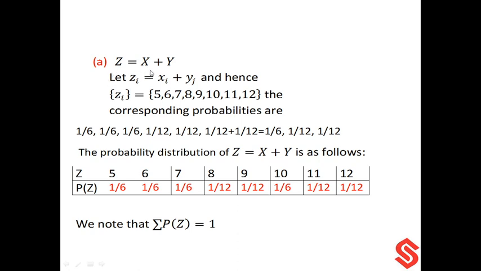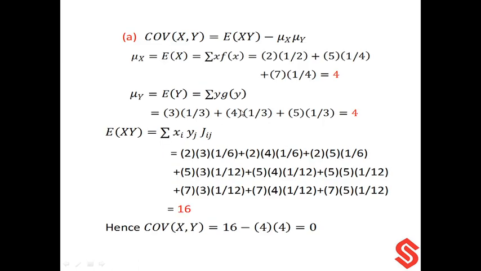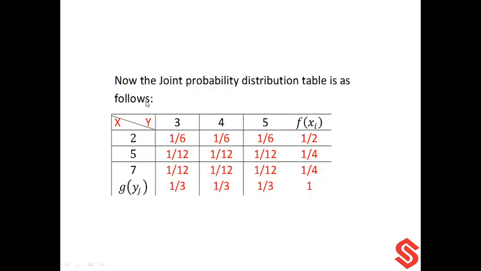Next, z is equal to x plus y, of course it is b. Let zi is equal to xi plus yj, and hence zi has the values 5, 6, 7, 8, 9, 10, 11, 12. Let us see the table.